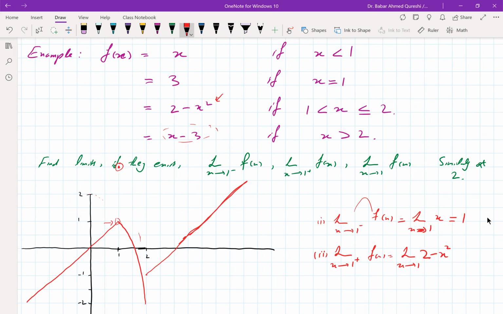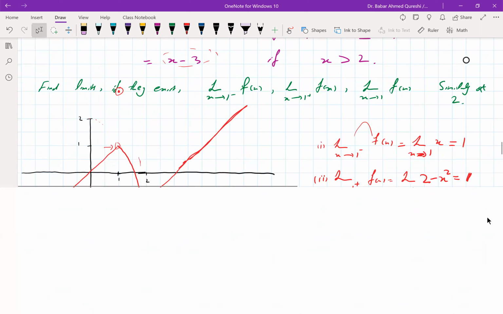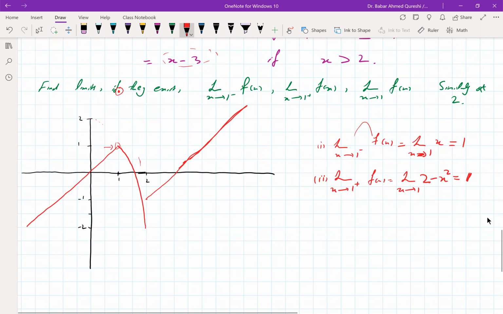And since again it's a polynomial, I can just put in the value and I get 1. Which is obvious from the graph as well, because if you come from the right or you come from the left, you are meeting at this point. The value of the function is approaching 1. Although the function's own value is 3 over there, that doesn't matter. The approach from the right and left is to 1.